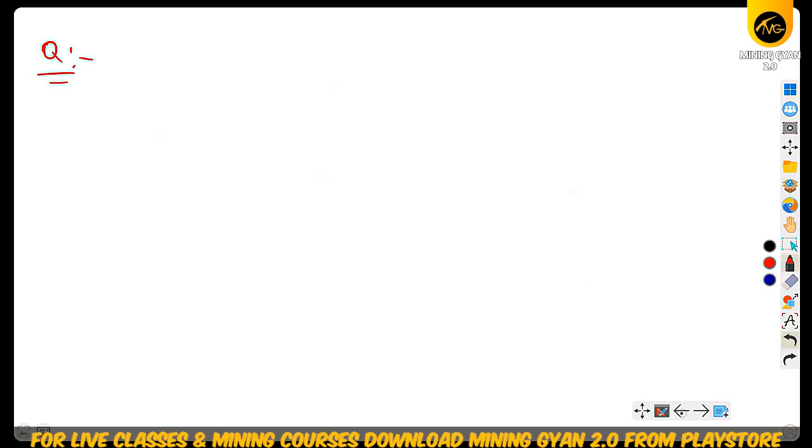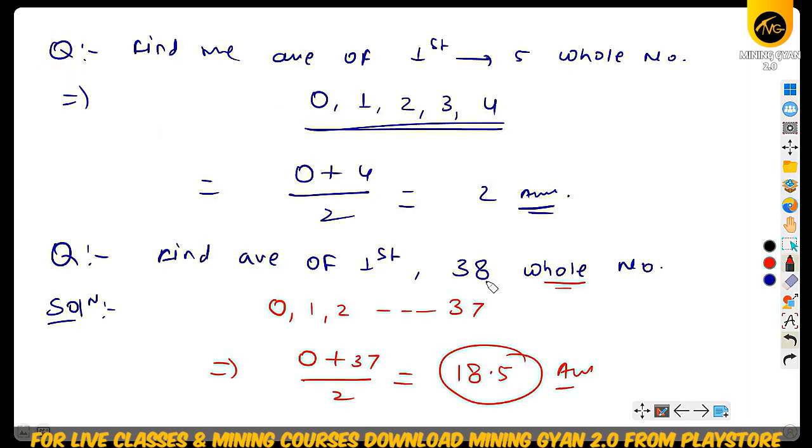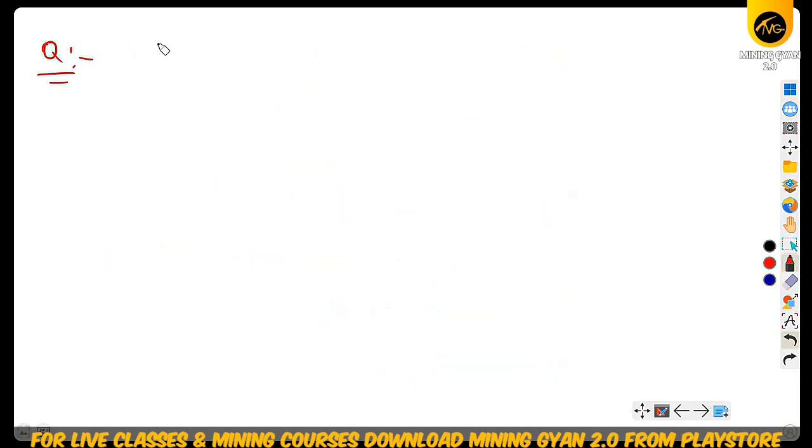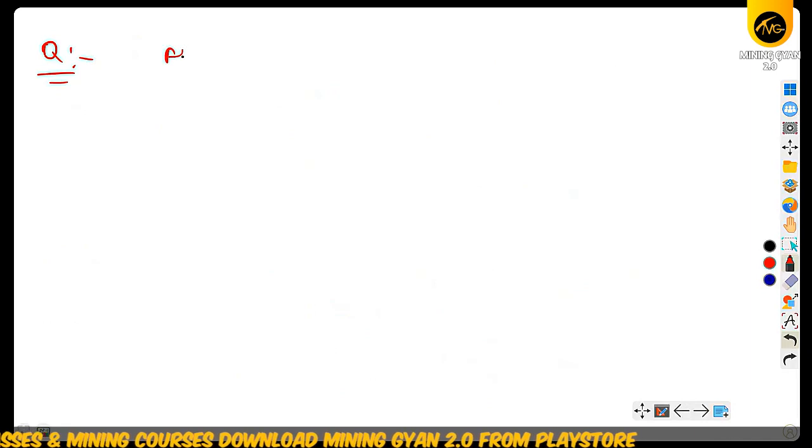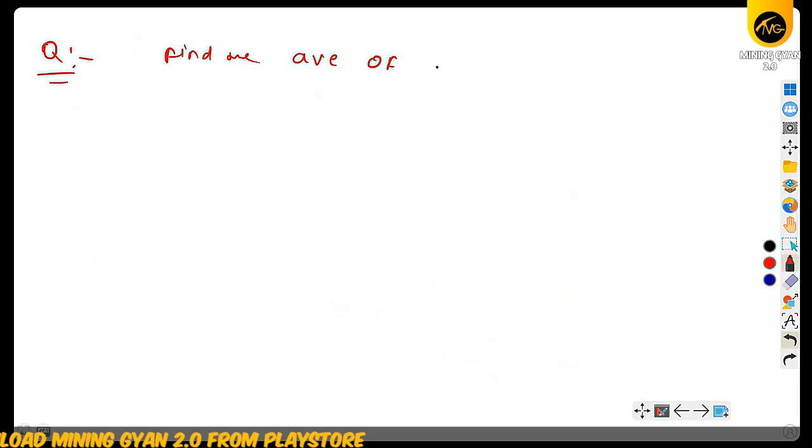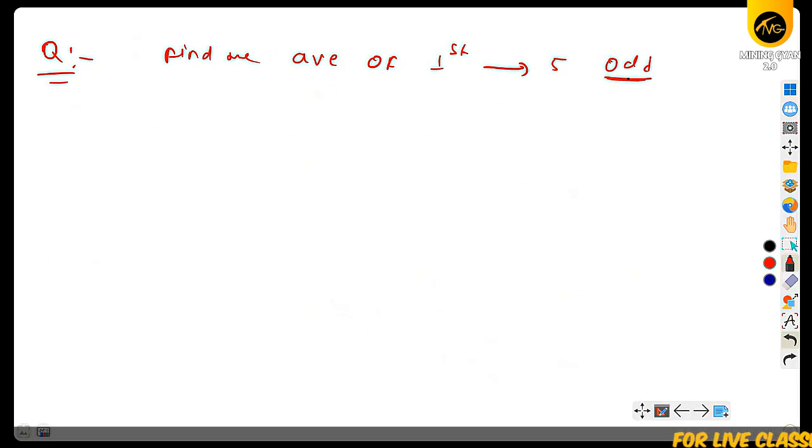In the previous question we had the first 38 whole numbers, natural numbers, like that. Now in the second portion of the question, suppose we find the average of the first 5 odd numbers. In this case there are no whole numbers or natural numbers. These are basically 5 odd numbers, correct?